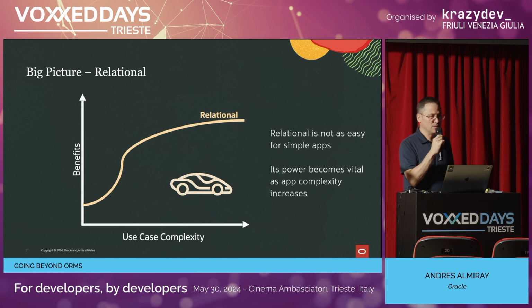Whereas with relational, you may feel like it's a lot of effort to get started. You may feel that it's slow to get started, yes, when you have a small model. But when that model and your application complexity starts to grow, then you see that the choice of relational data was good. It gives you a lot of benefits.